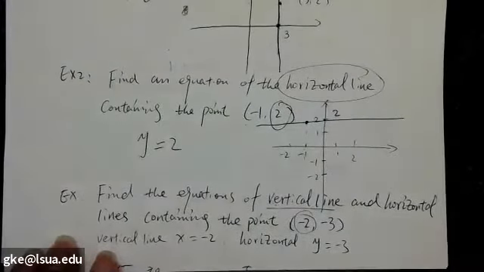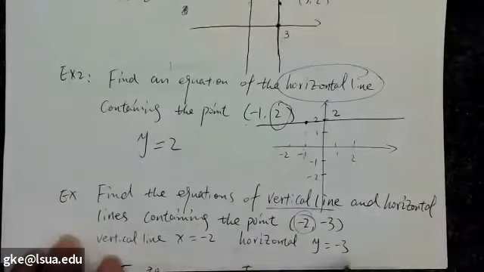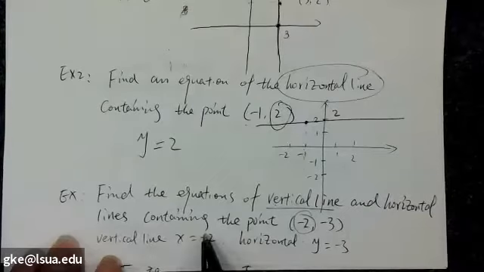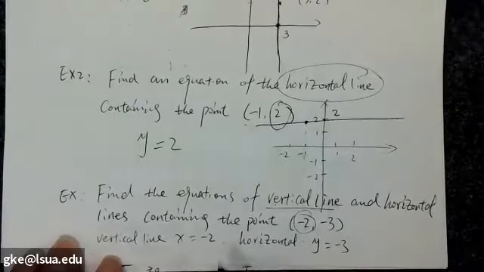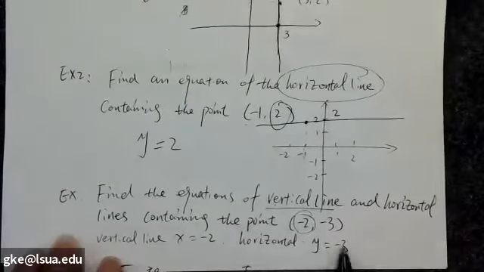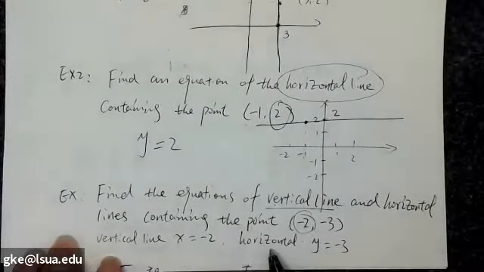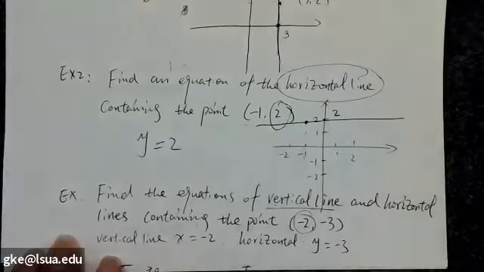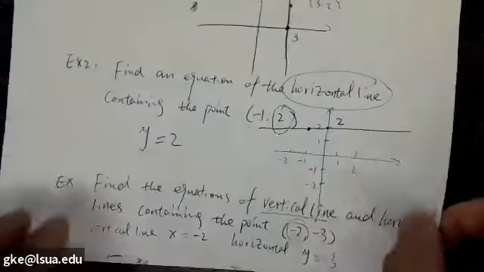Okay, y equals -3. Don't give me -2 and -3. That's wrong. You should have given me x equals -2, that is the vertical line, and y equals -3, that is the horizontal line, not -3. Okay, so those are the things we learned. Now today we're going to learn some other stuff, graphing.